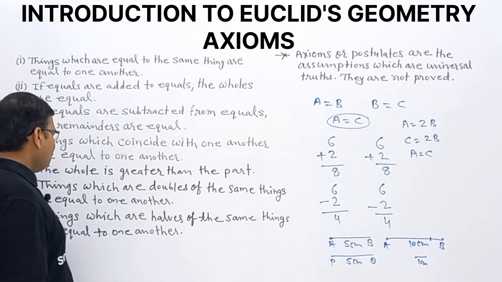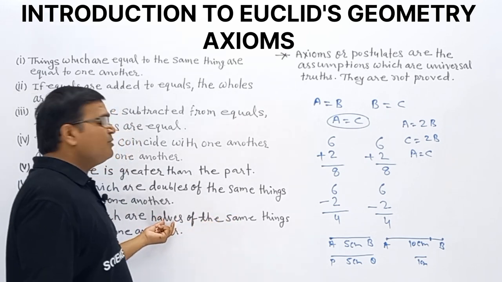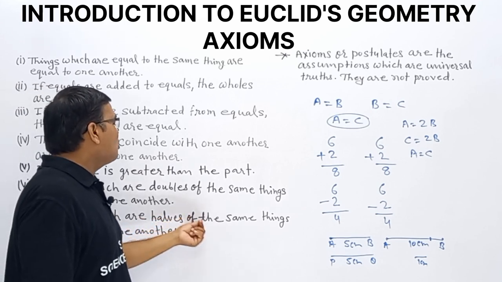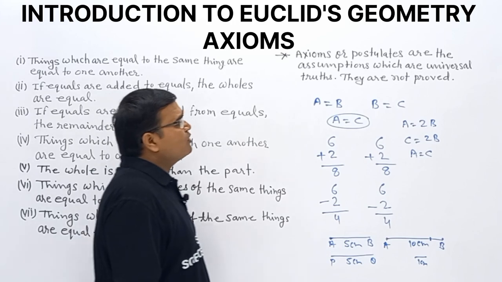Now last one, things which are halves of the same thing. Halves means half. Things which are halves of the same things are equal to one another. Same process.